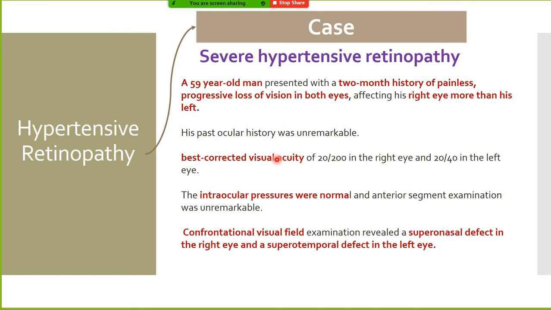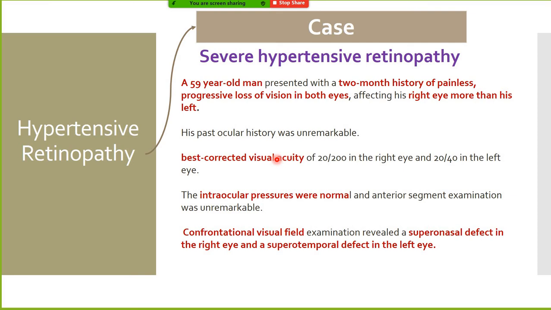Here is just an example of a case which has hypertensive retinopathy. We'll discuss a case so that you might get a flow of how it can go. This is a case of a 59-year-old male presenting with a 2-month history of painless progressive loss of vision in both eyes, with the right eye more affected than the left.